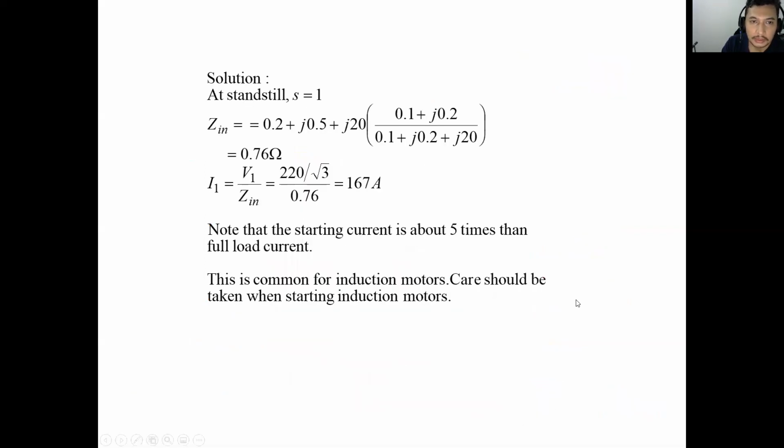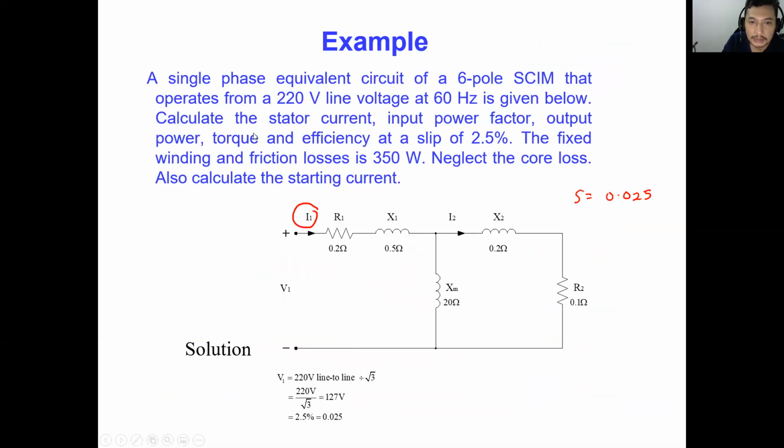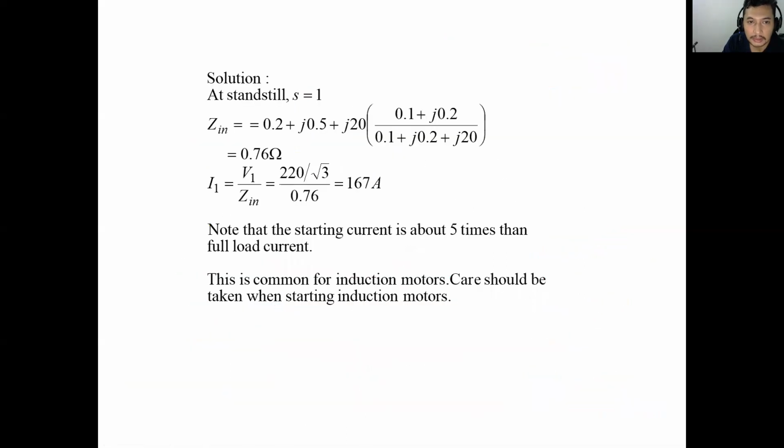Okay, sorry. The last question is to get the starting current. To get the starting current, you can set this Z impedance.